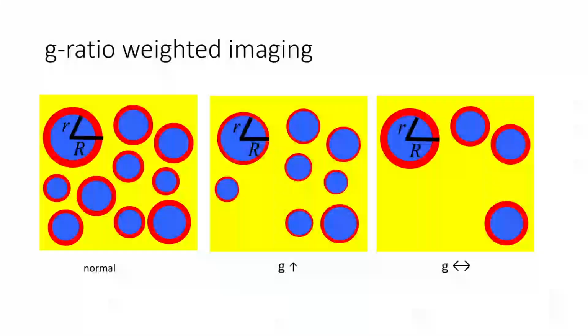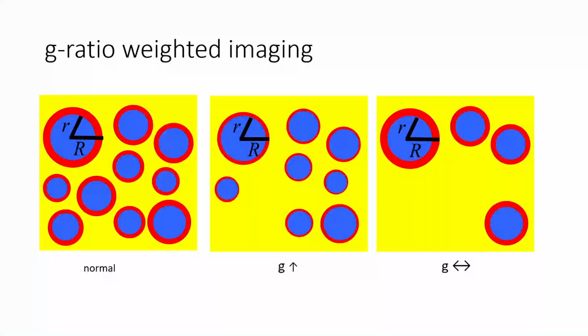Just to motivate why we want to measure this parameter, in the example of multiple sclerosis, traditionally we look at myelin-sensitive metrics with MRI, but we can have a reduction in the total myelin for multiple reasons. In the middle frame here, you see we could have minor axon loss with the remaining axons experiencing demyelination and incomplete remyelination.